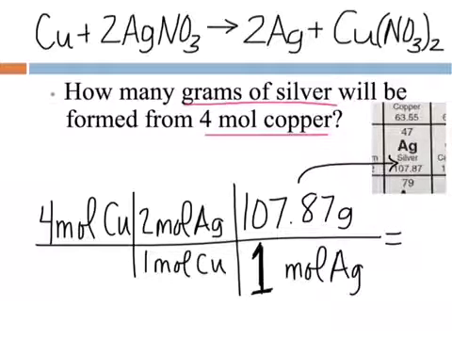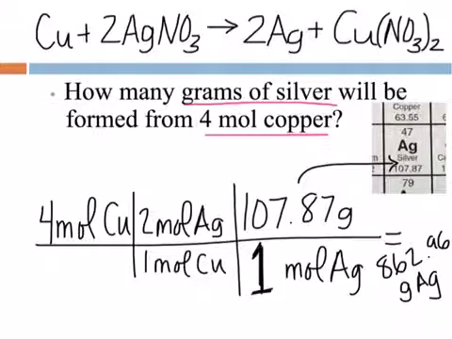Go ahead, it's going to be this number times this number divided by this number times this number divided by this number, right? These are ones, so we can just say 4 times 2 times 107.87 is going to give us in our calculators 862.96, and that's going to be grams of silver.